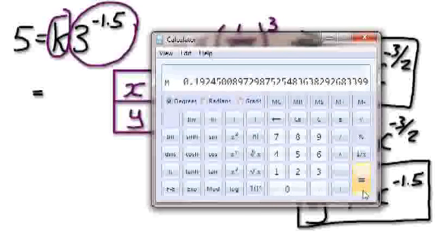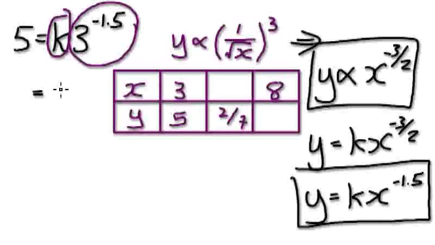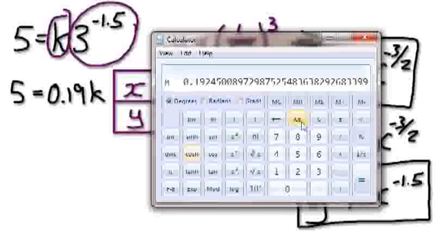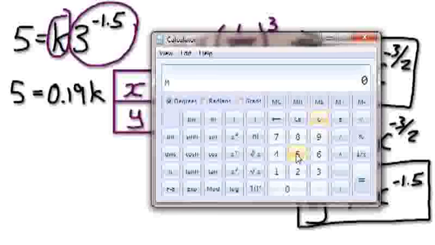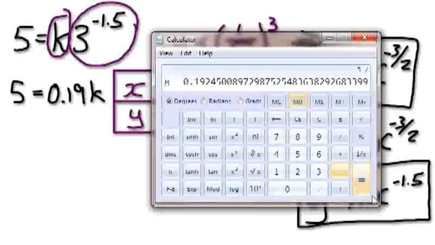So basically it's roughly 0.19. So 0.19 k equals 5. I'm just going to put this number into memory. Memory store, clear this. Let's check it. Yeah. So to work out k, I would get 5 divided by whatever was in my memory, equals this.